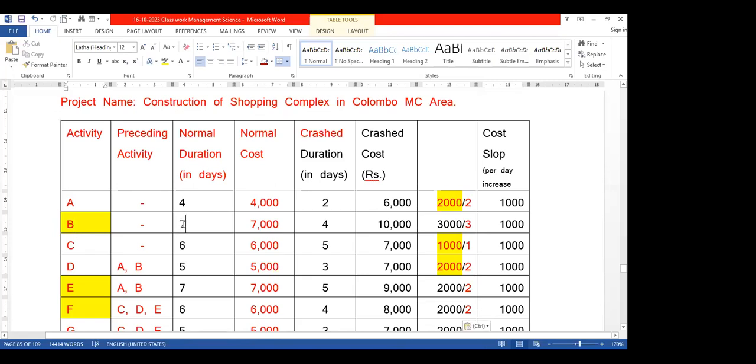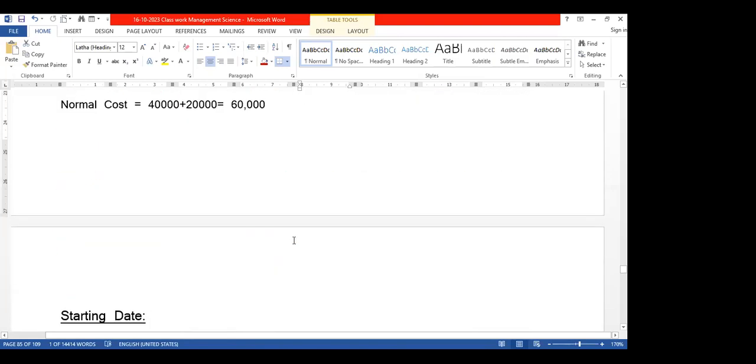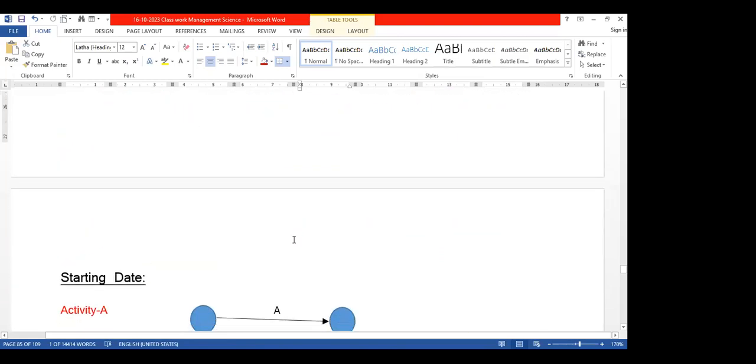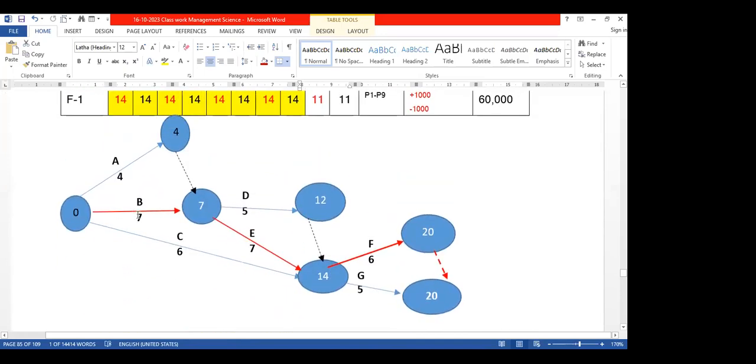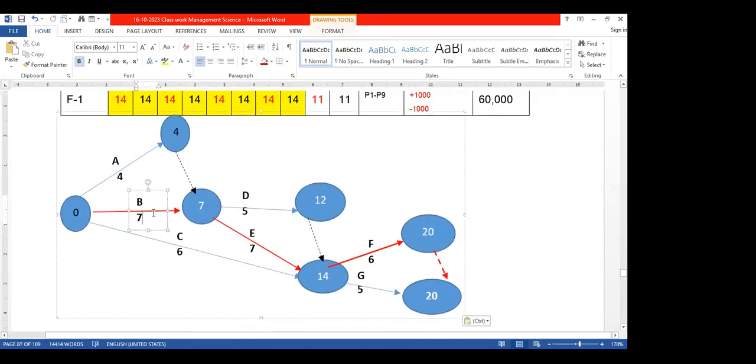B we can reduce 3 days, 7 minus 4 days, so 3 days reduce, so possible to reduce. So what will happen? We are reducing minus 3.